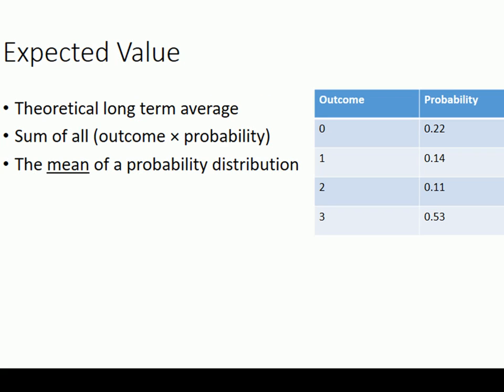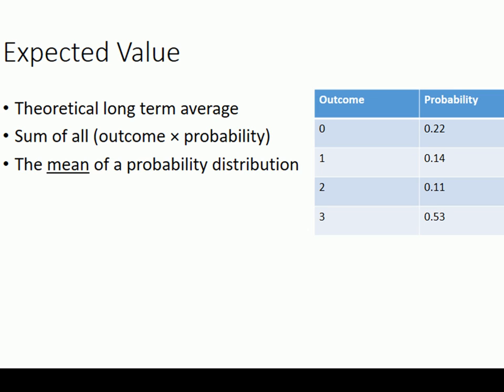And the last concept that's important is the concept of an expected value. It is actually very much related to the mean, but in a probabilistic or theoretical sense. An expected value of some probability distribution like this would be a theoretical long-term average.